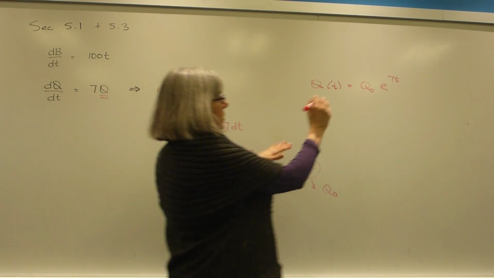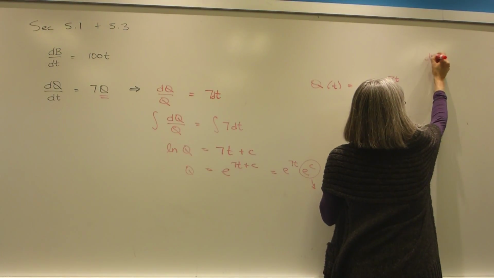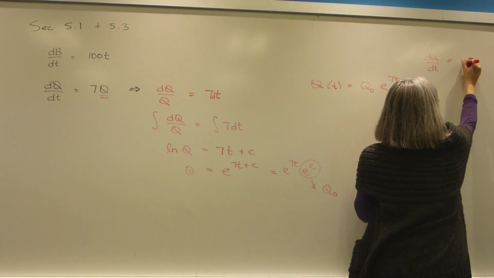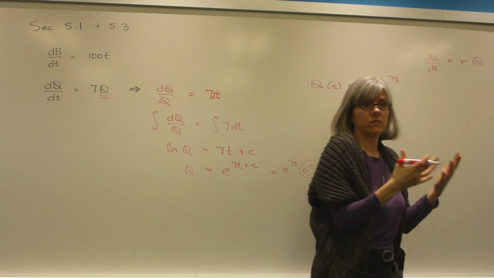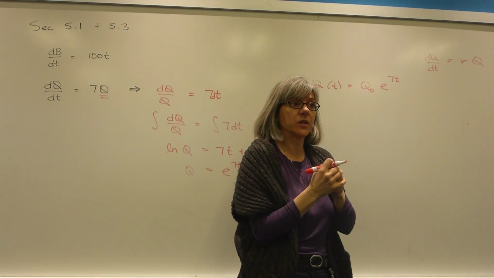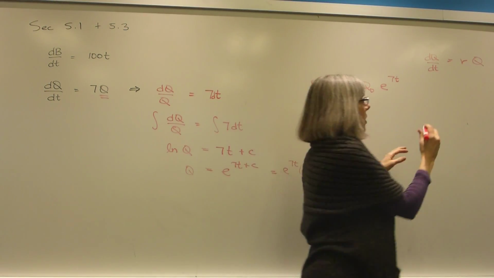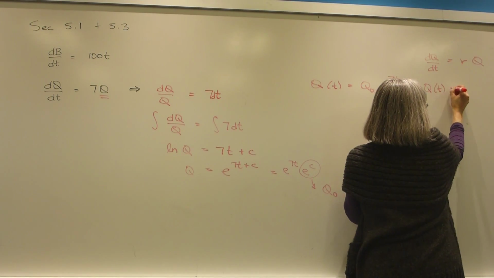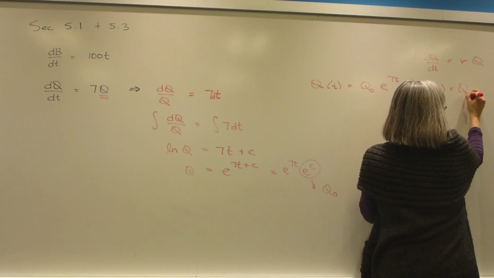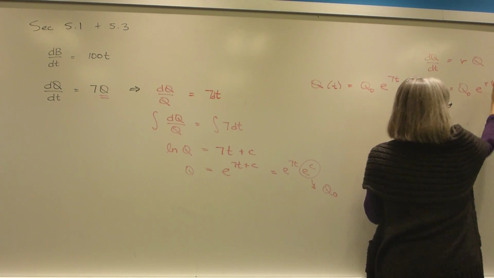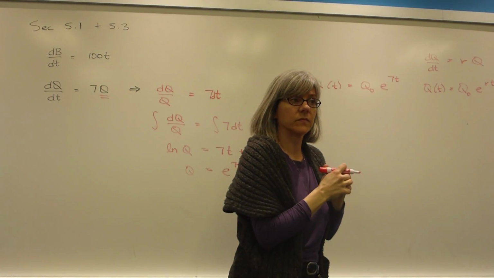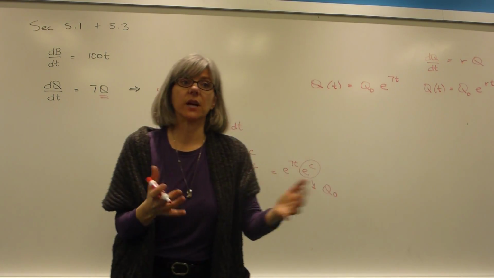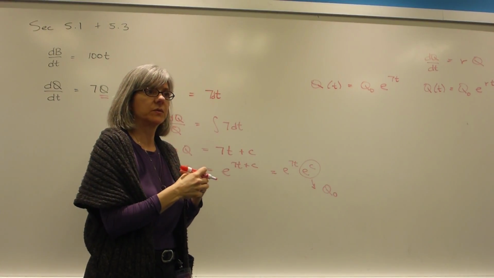If the derivative of the function is proportional to, that means it's some constant times the function itself, the answer to that is always an exponential, and it's always equal to this. So anytime the derivative is proportional to the function itself, the answer is an exponential.